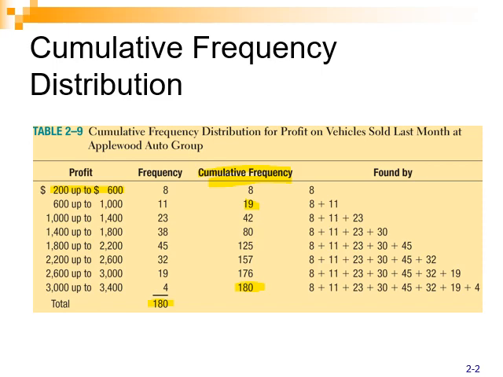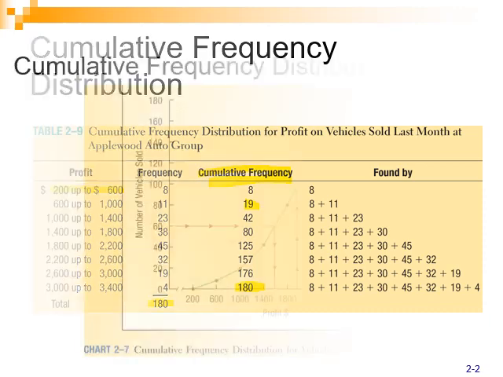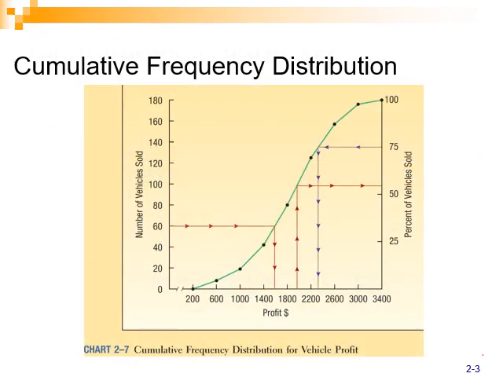Here is how we can calculate the cumulative frequency. And now we will use this cumulative frequency to draw what is known as the cumulative frequency distribution. It is the chart that we use to represent the cumulative frequency for the classes. Here we have two axes.